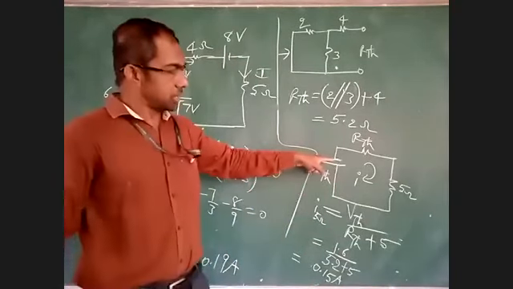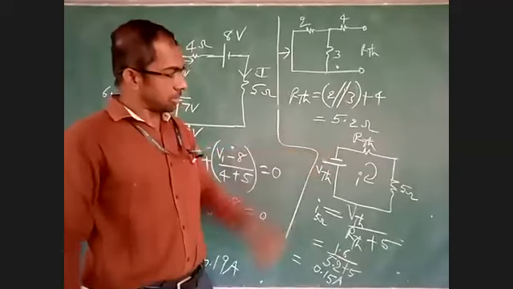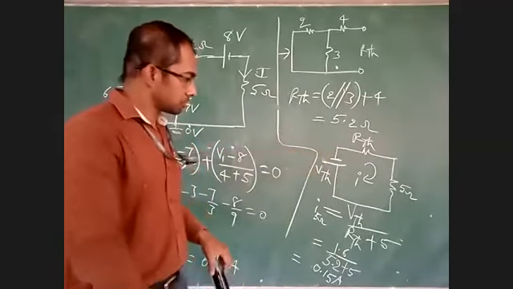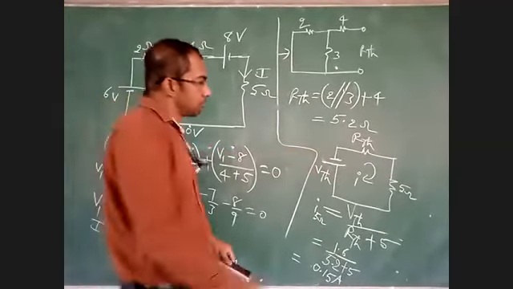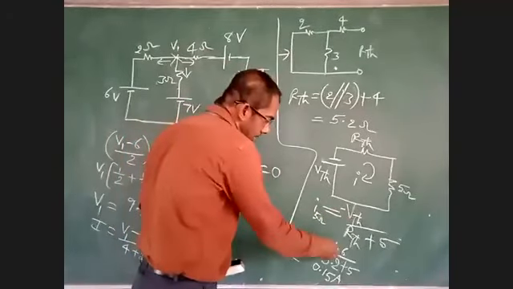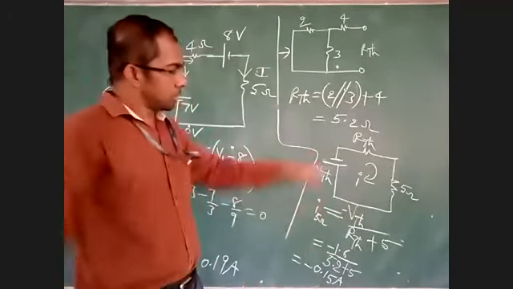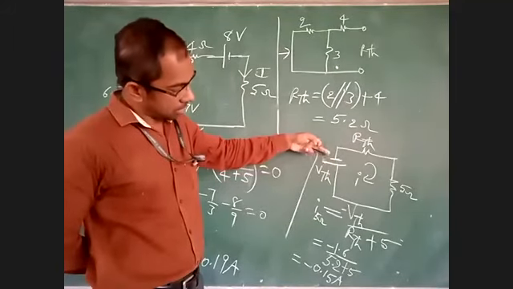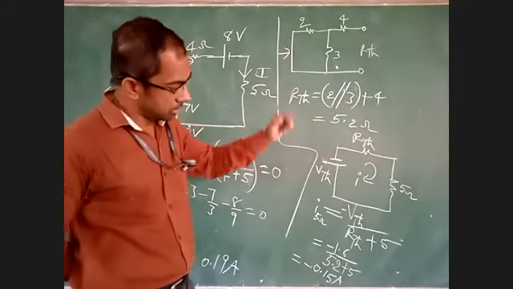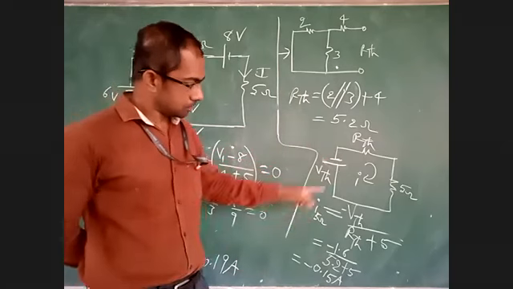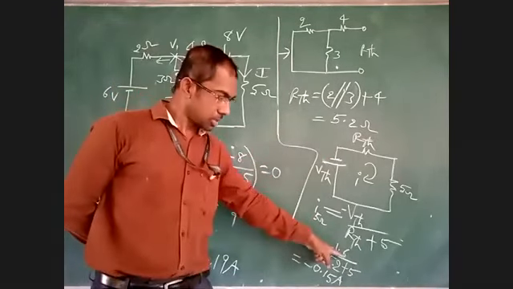So the terminal should be like this: upper terminal negative, lower terminal positive. Here exactly 1.6 we are getting.